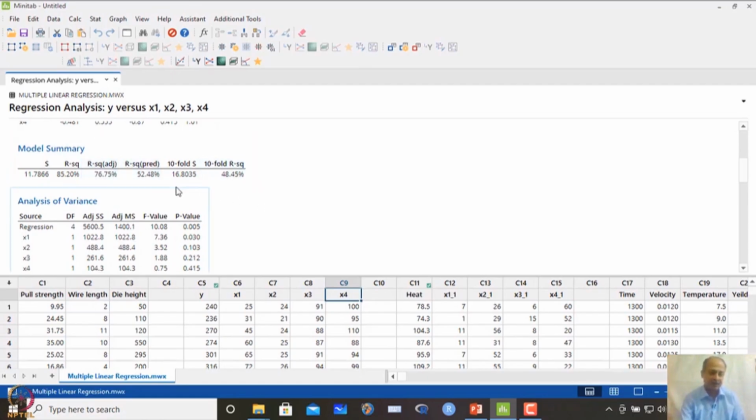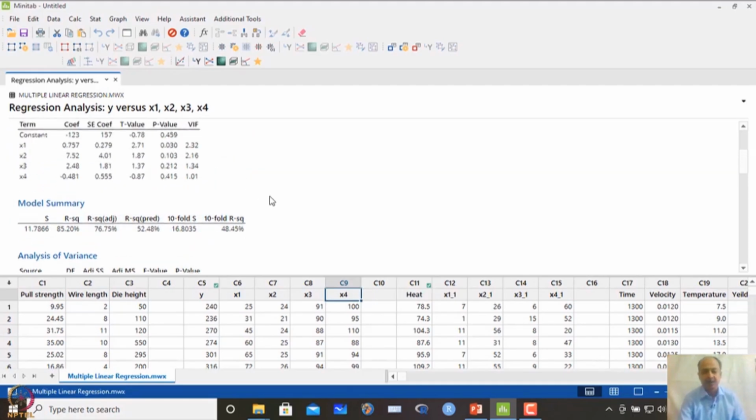When there is a significant difference between these two, something must be going wrong; maybe the model fitting is not correct, or we have overfitted the model basically.